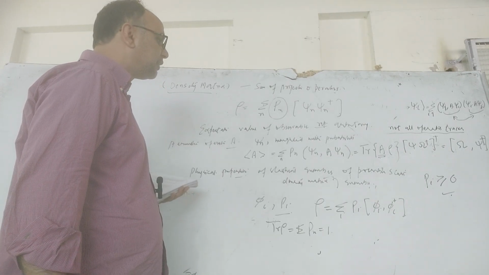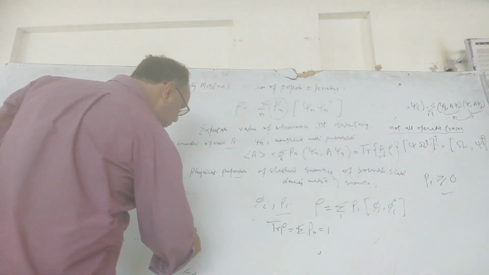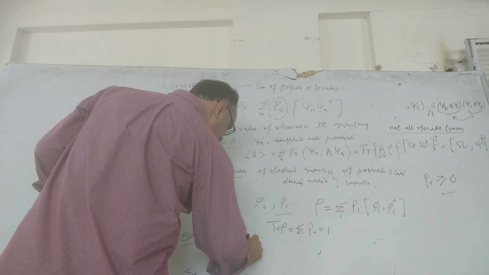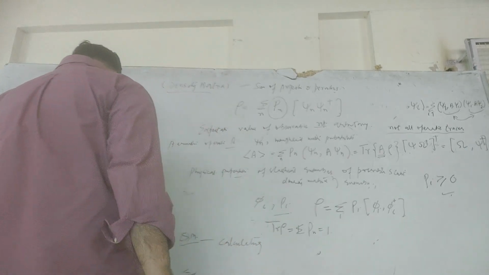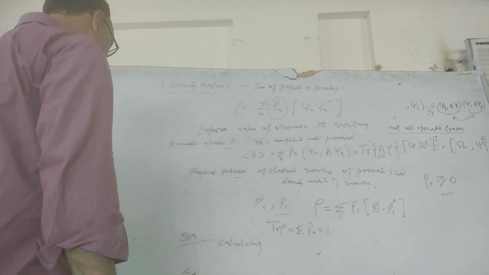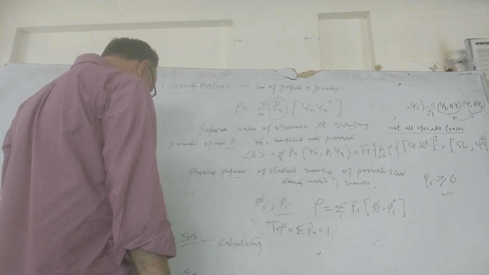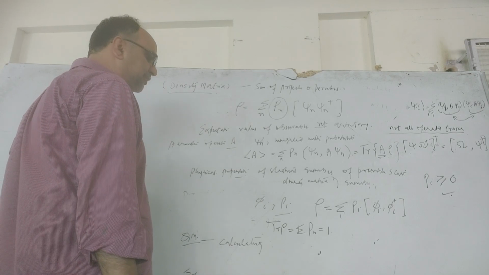So basically in quantum mechanics, we have knowledge of how the system can be expressed in different ways.